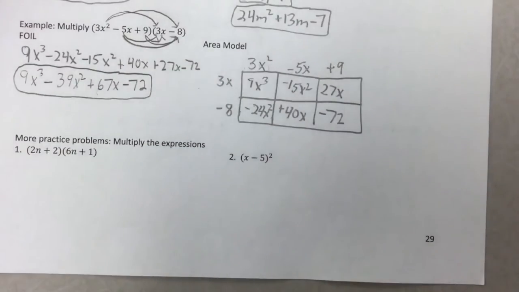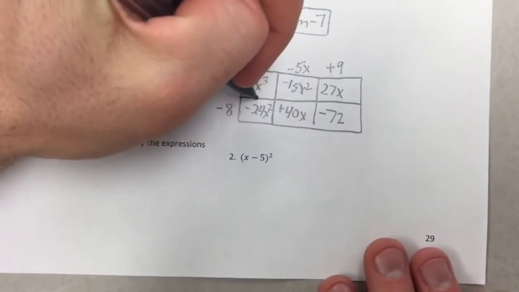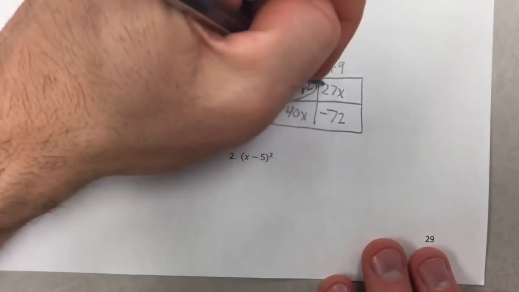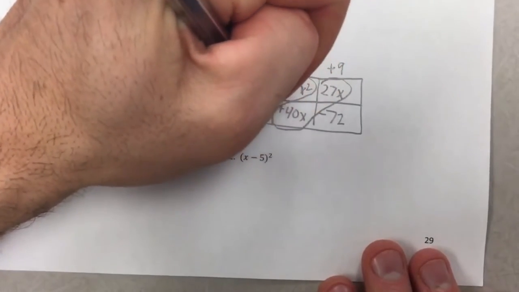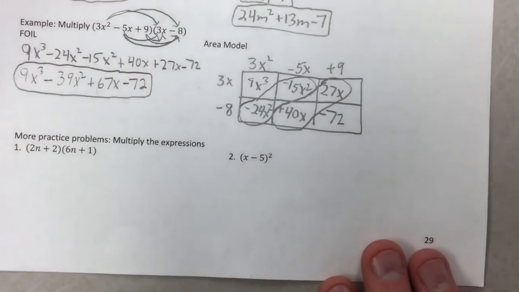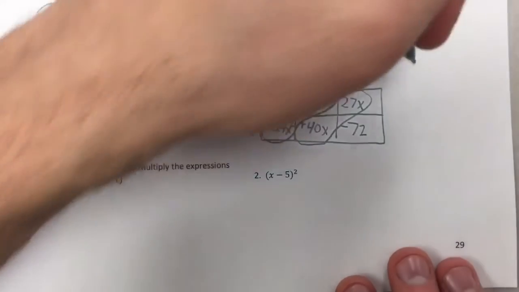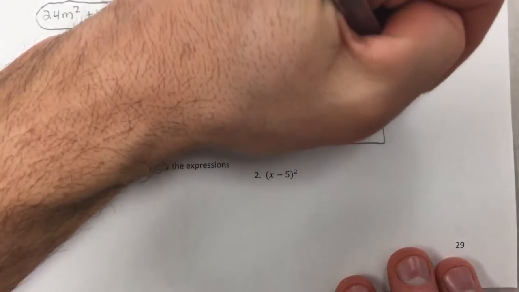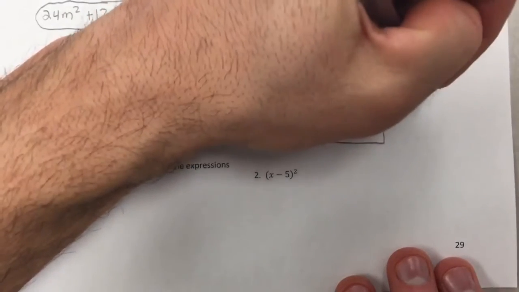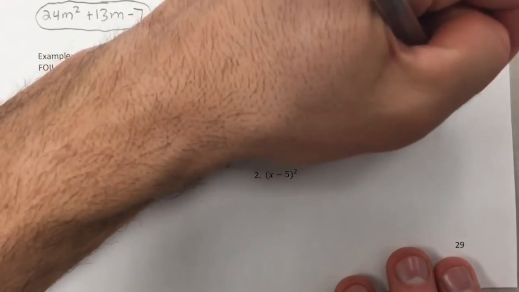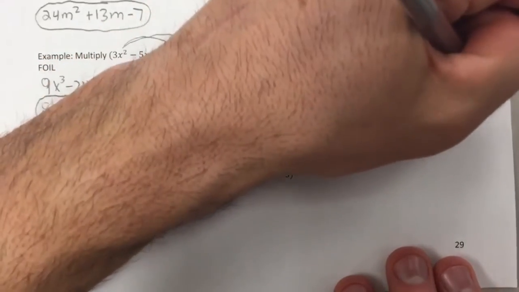The reason I like this is because I see diagonals as like terms. My like terms are always diagonals, which is going to be a good thing because it's easy to catch mistakes that way. So when I add my like terms, I have 9x to the third minus 39x squared plus 67x minus 72.